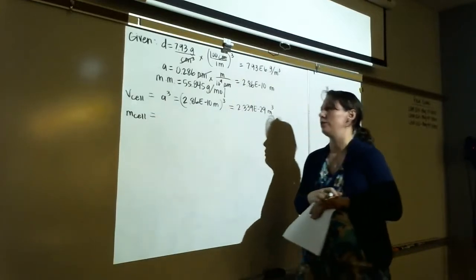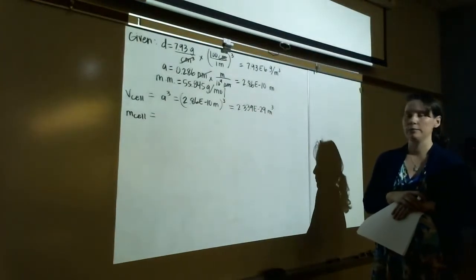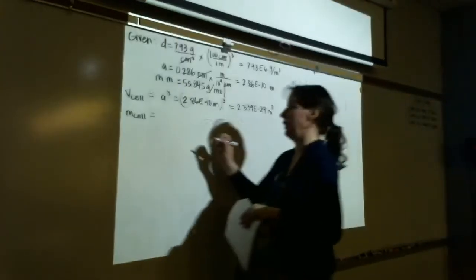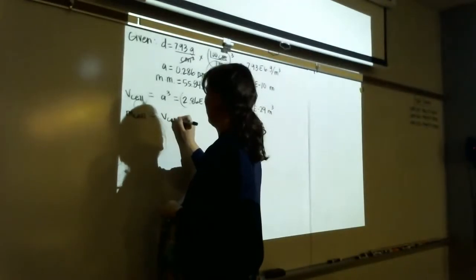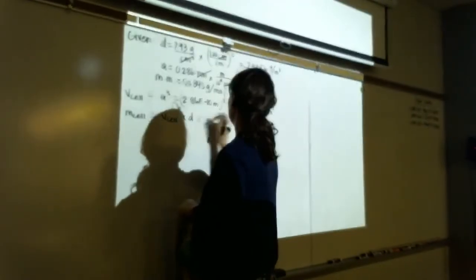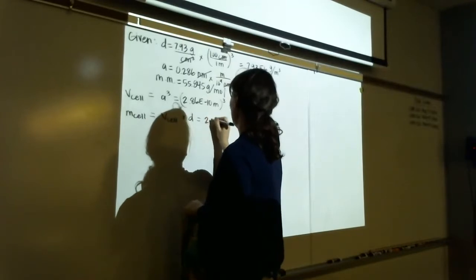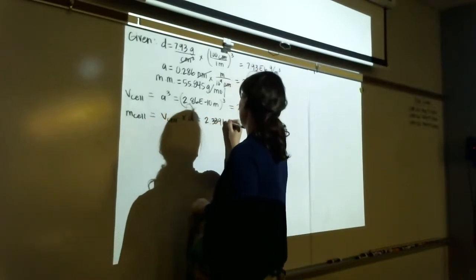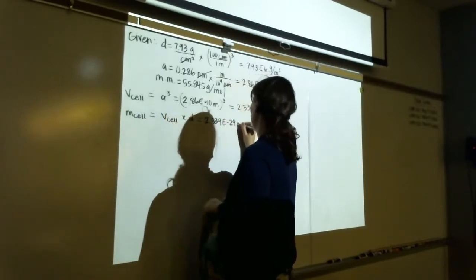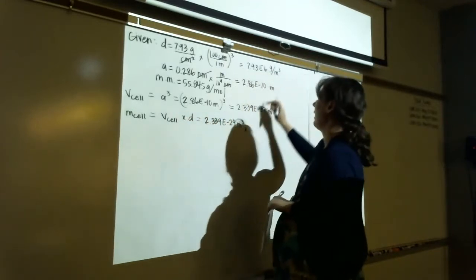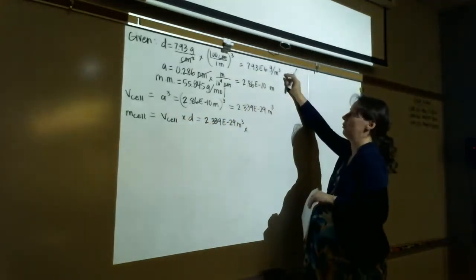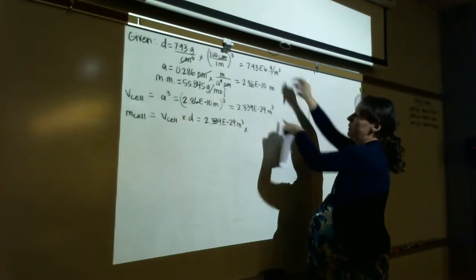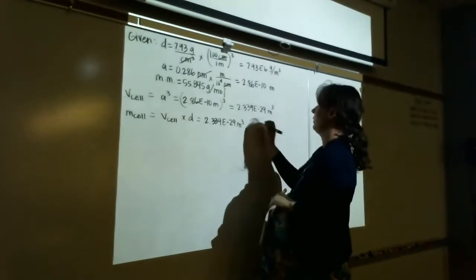What information do I use to get the mass of the cell? Volume times density, right. So that's V cell times the density. So that's the number I just got, 2.339 times 10 to the negative 29 meters cubed. That's why I wanted to convert this to the same unit, right? So that when I multiply these two, meters cubed will go away and I'm left with grams.